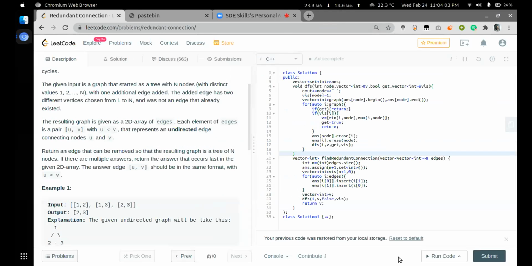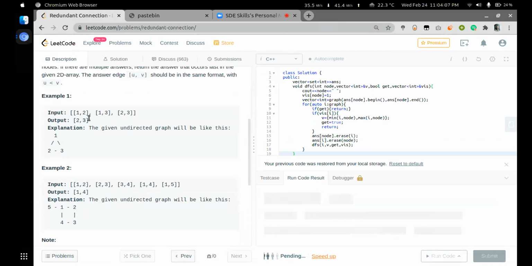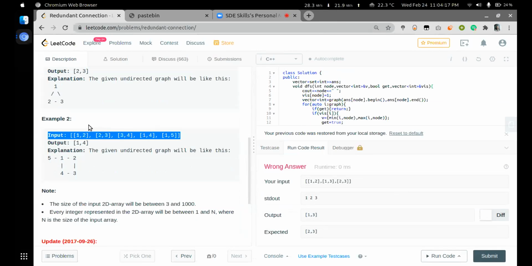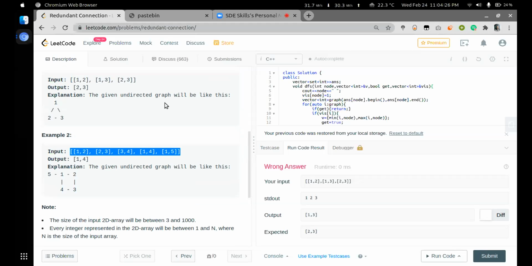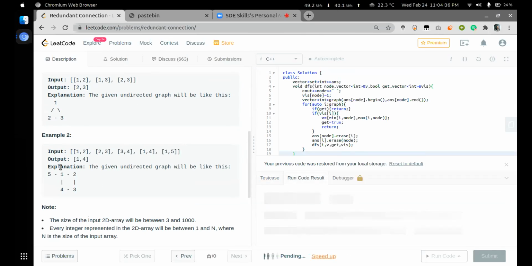If I submit it for the first example, it will give me 1 3 as the answer, but the answer is 2 3. 1 3 is one of the candidates for our answer, but since the question says I have to return the last possible edge to be deleted, they are not taking this as the answer. And now if I take the second example, this will give me 1 4.